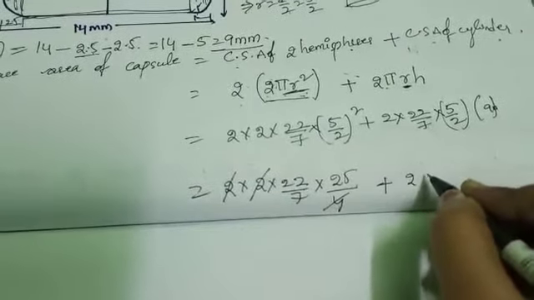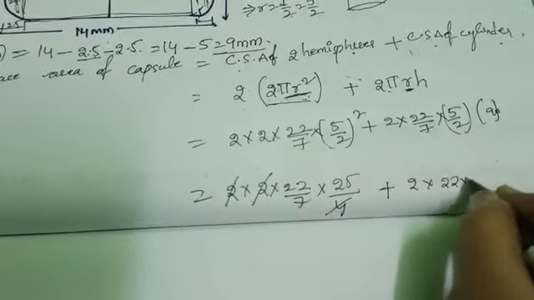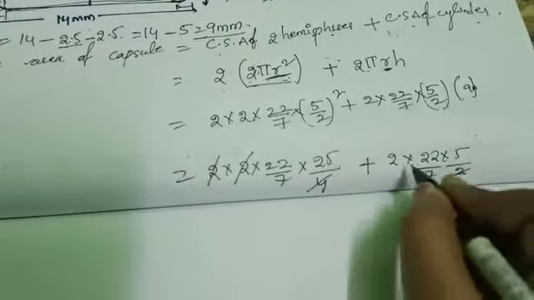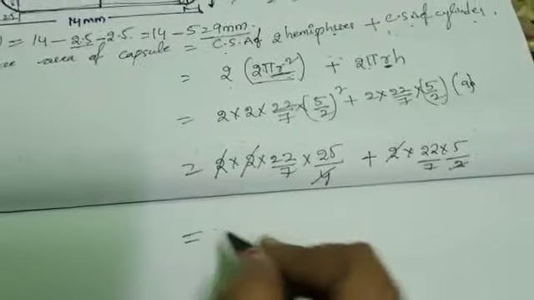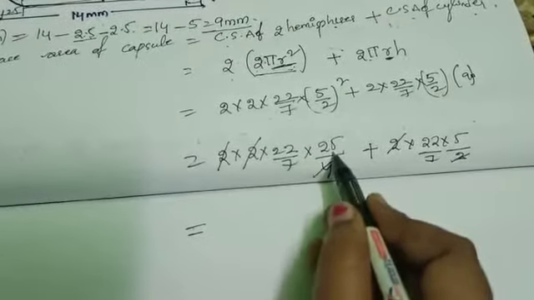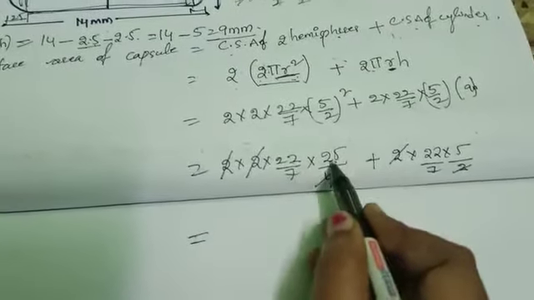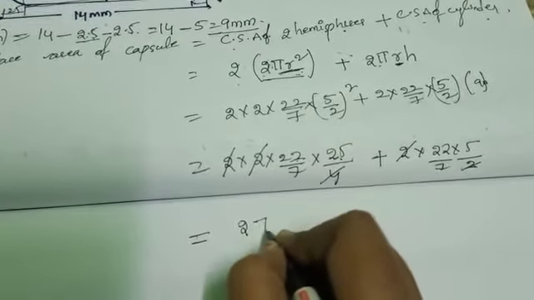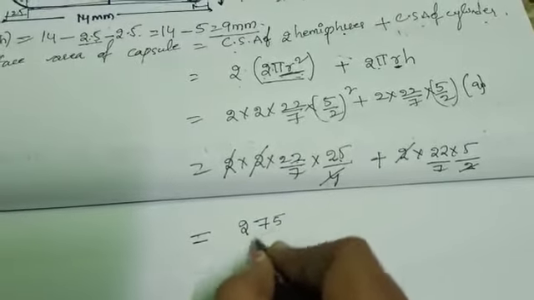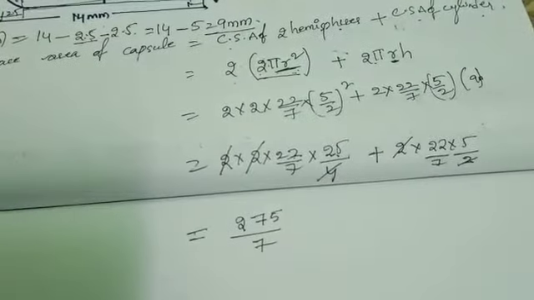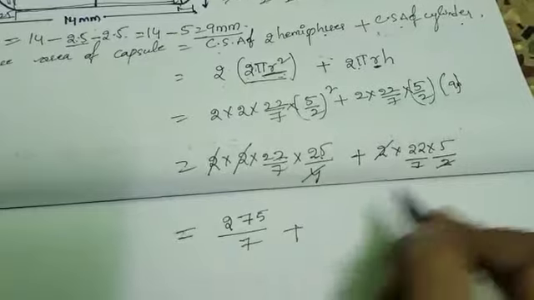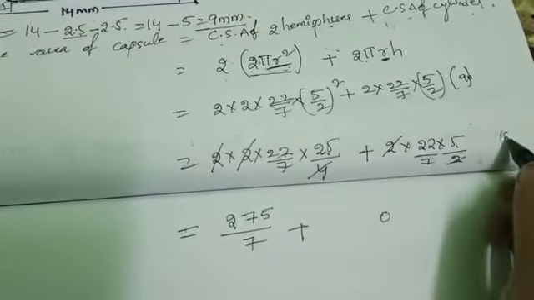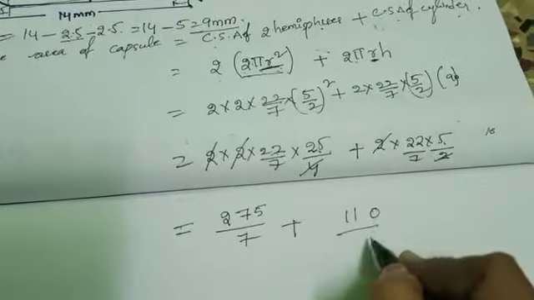Plus 2 into 22 into 5 by 2 by 7, the 2 gets cancelled, which is equal to 22 into 25, which is 275 by 7, plus 22 into 5, which is 110 by 7.